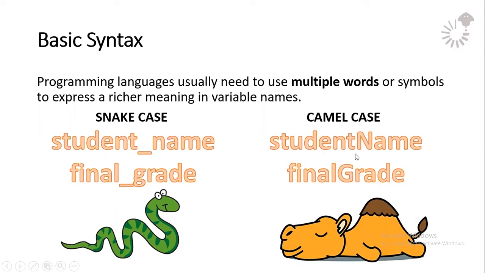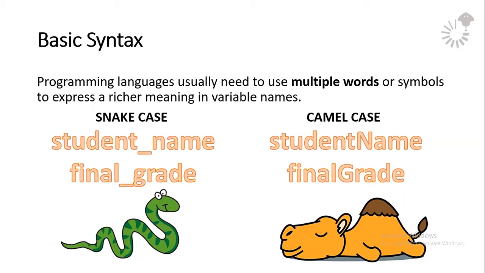It looks like, if you follow, it has a hump in the middle. That is why it is called camel case. So again, this is a convention. These are just rules. Whichever you use, if you like camel case, that's fine. If you want to use snake case, that's fine. It will not affect your syntax.